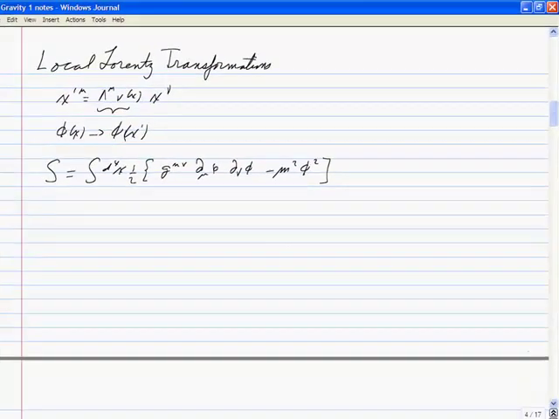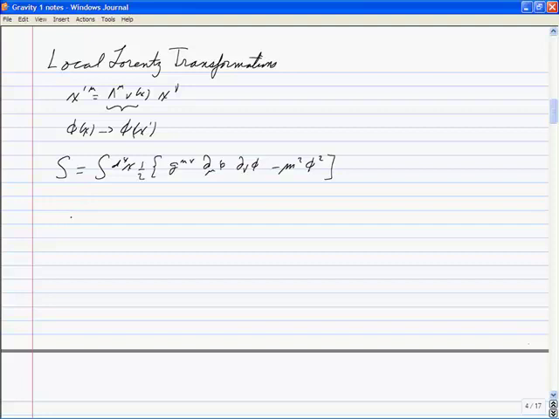And so if I just make this transformation, this would go into the integral d4x prime, dx over dx prime determinant. Here's the Jacobian of the transformation.